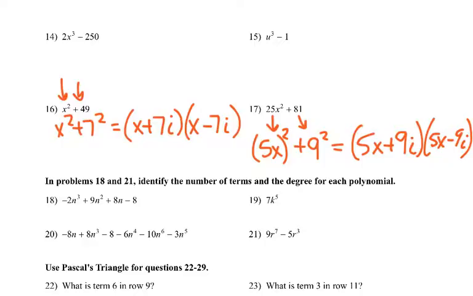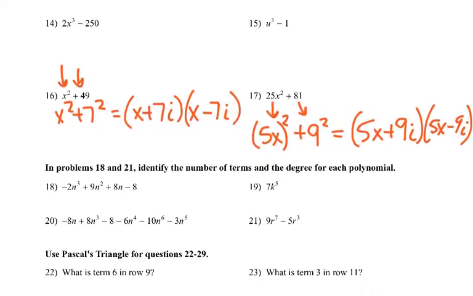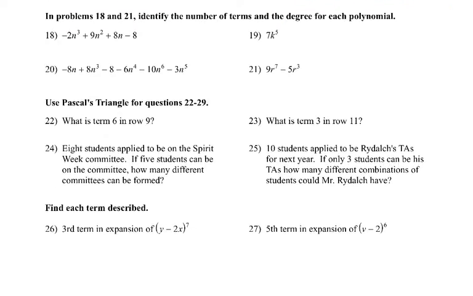Okay, now 18, 19, 20, and 21, we're just telling the number of terms and degree for each polynomial. Remember, the degree is the highest power. And terms are every time you've got variables, coefficients, powers, and constants.